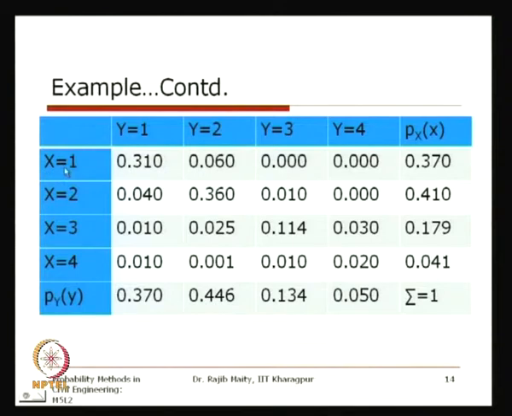So x can be 1 when y is 1, or y is 2, or y is 3, or y is 4. Whenever we talk irrespective of the value of y, any one can happen.